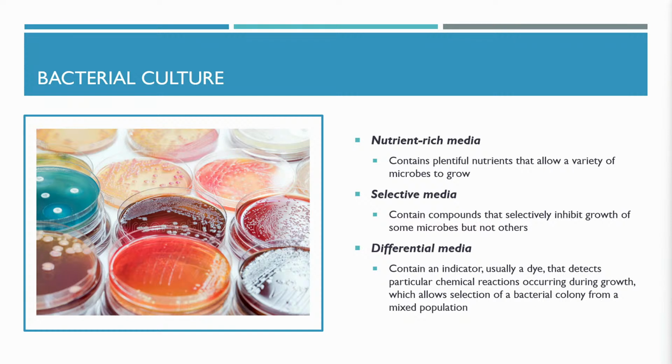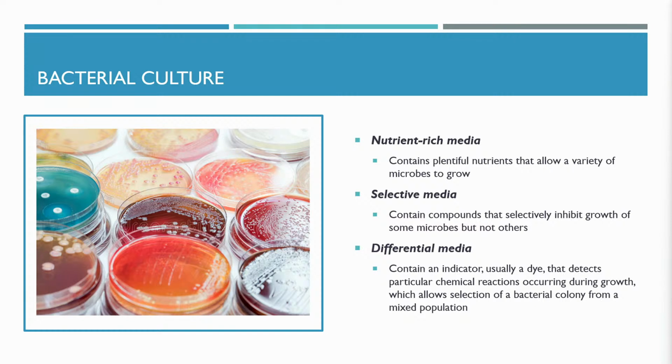It's nutrient-rich, so it contains plentiful nutrients that will allow a variety of microbes to grow. In this case, we're talking about having a flask, say, with different types of microbes. If we put whatever is in that flask onto a plate that's nutrient-rich, more than one of those can grow, if not all, because it can enhance the growth of all of them.